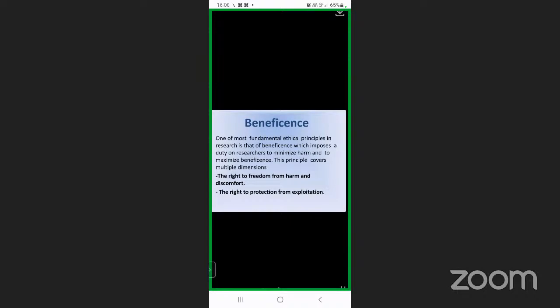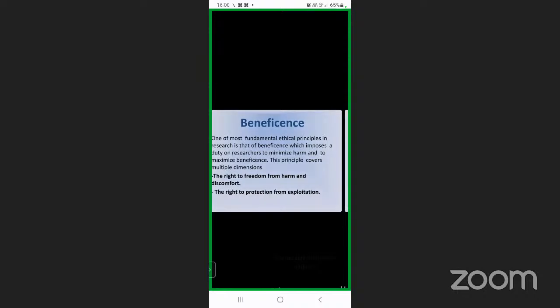So this principle covers multiple dimensions. In that, the right to freedom from harm and discomfort, and the right to protection from exploitation. Then what is the right to protection from exploitation?